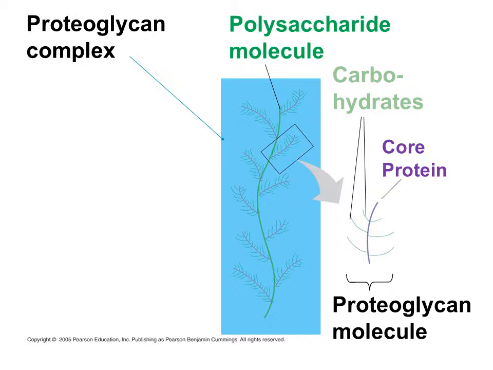Let's take a closer look at just the proteoglycan. It is composed of a polysaccharide core, and it has branches that are called proteoglycan molecules. Each proteoglycan molecule consists of a core of protein and carbohydrates that are attached to it. So basically, if you look at this structure, it is nothing but sugars and proteins.